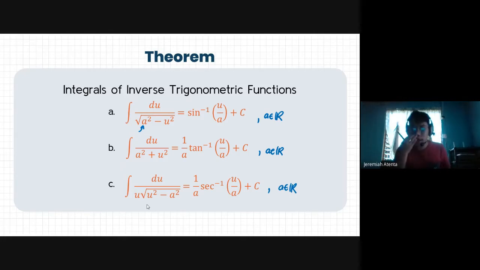There are only three integrals of inverse trigonometric functions. Please take note of this one. Take a screenshot because we will apply these formulas later. I will give you 5 seconds for the screenshot. 5, 4, 3, 2, 1. And that's it.